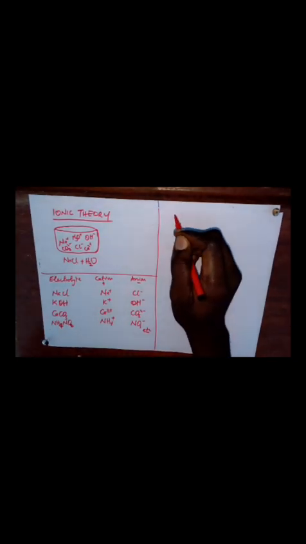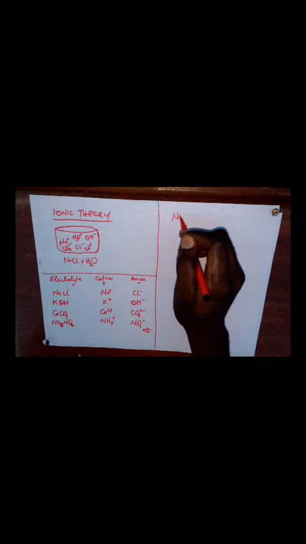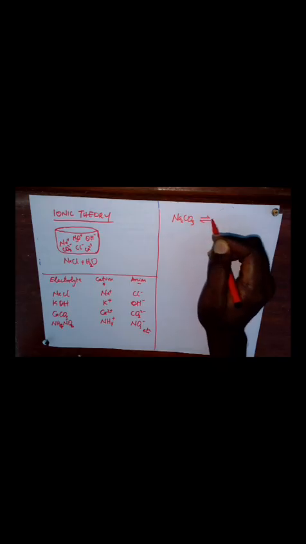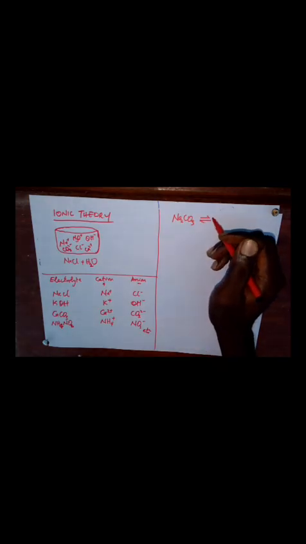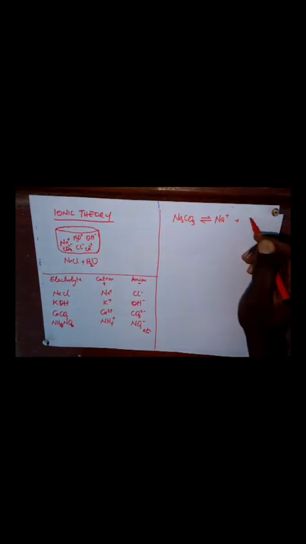Chemically written, Arrhenius is actually saying that if sodium carbonate is dissolved in water, the ions present, apart from the H plus and the OH minus ions, will be Na plus and CO3 2 minus.